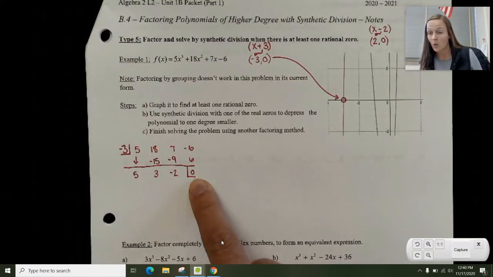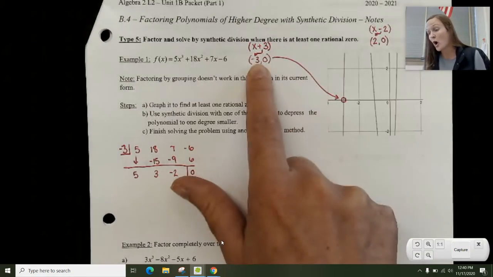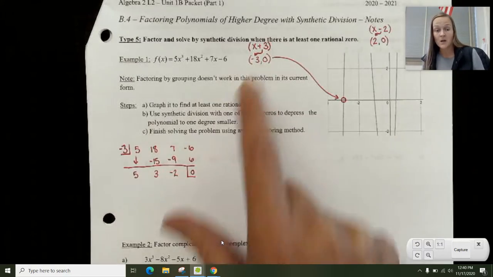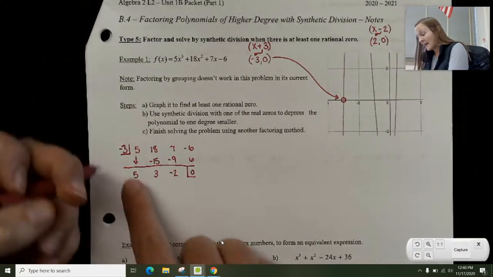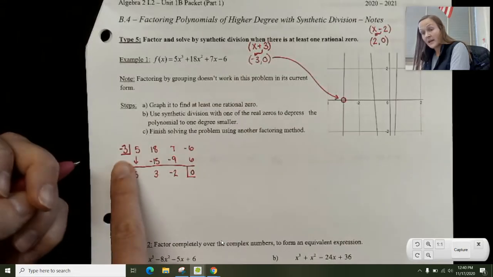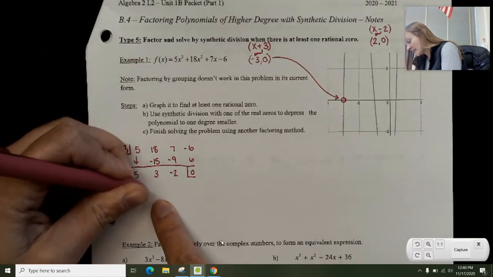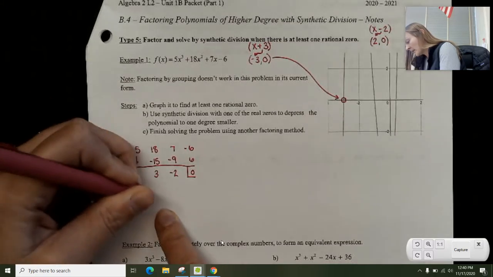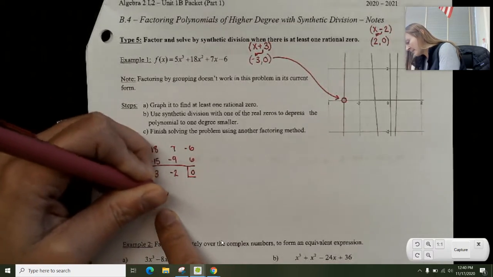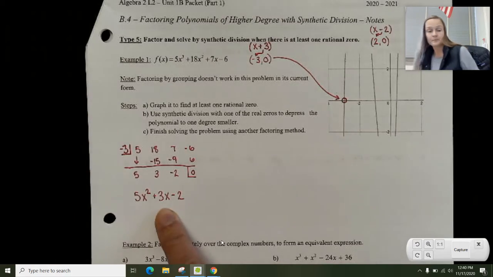But you should always get a 0 as your remainder when you're dividing by something that you know is a factor. So from this, when I divide by x plus 3, I put -3 in the box, and I got 5x squared plus 3x minus 2. So this is what I get as a result.